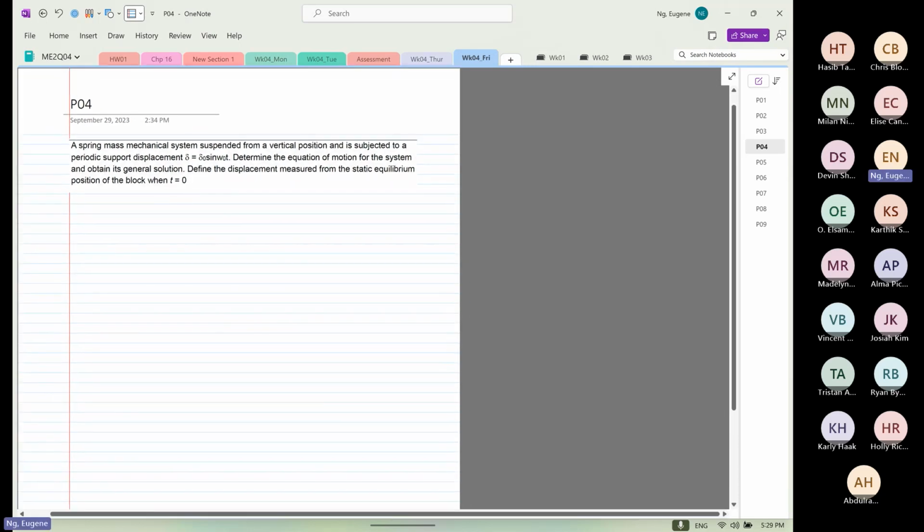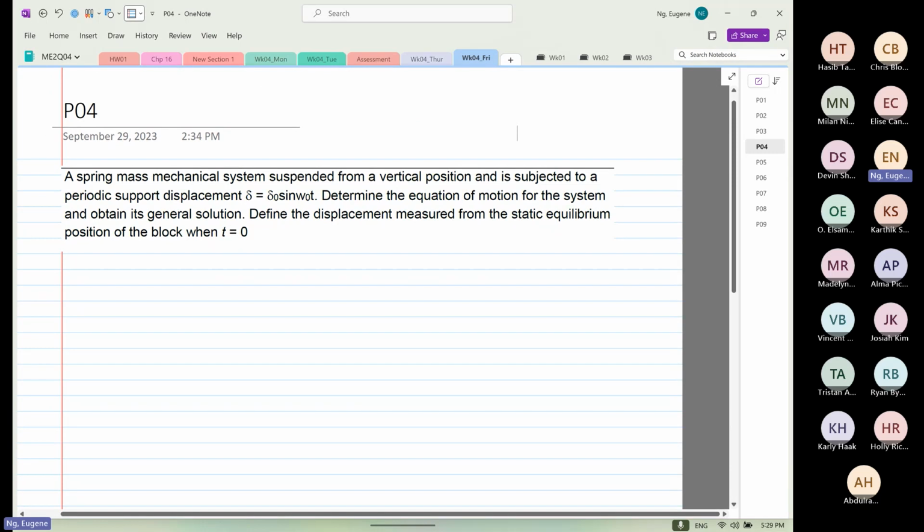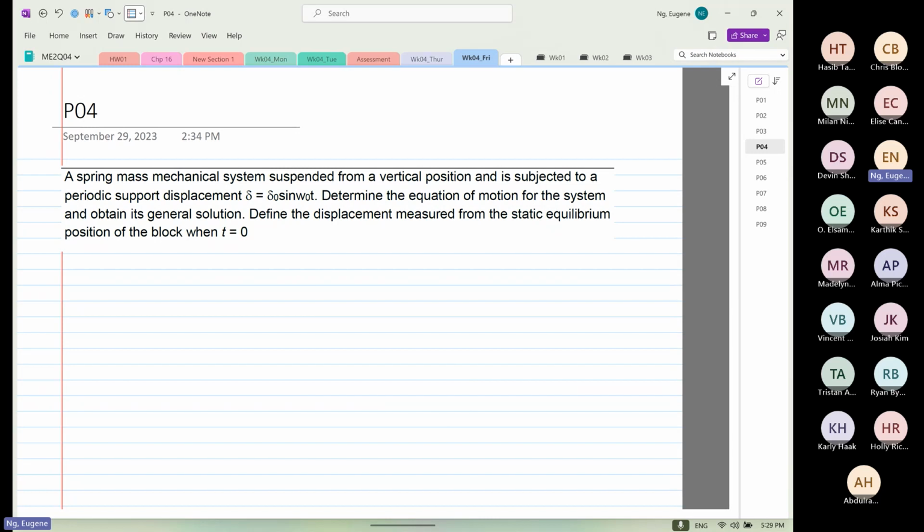Again, they state that it is a spring mass mechanical system, so basically there's no damper. The damper is out. Now, at this stage, they say they are going to induce a deflection, so you have a K, you have an M, and a deflection equal to delta naught sine omega naught t.